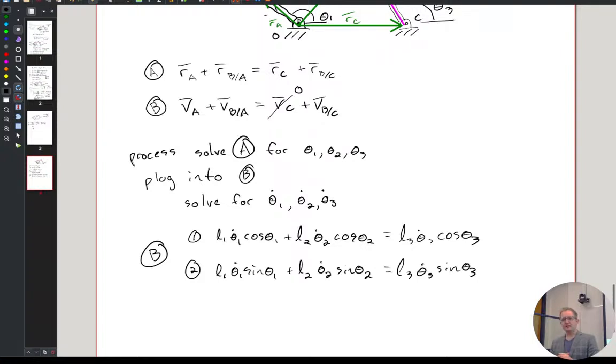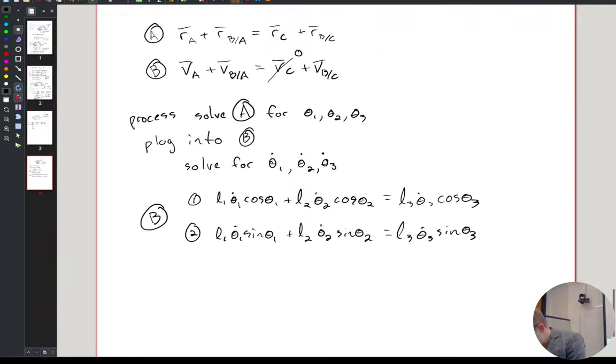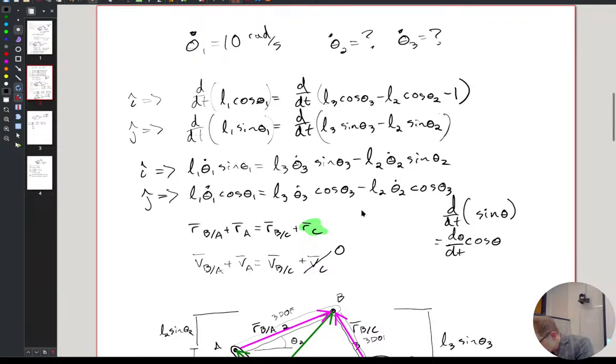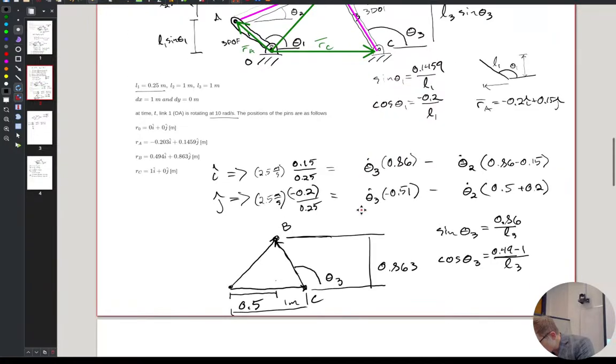And I think this is where we were working on Friday, was figuring out what those sine and cosine components are of where those vectors are, of those relative vectors.